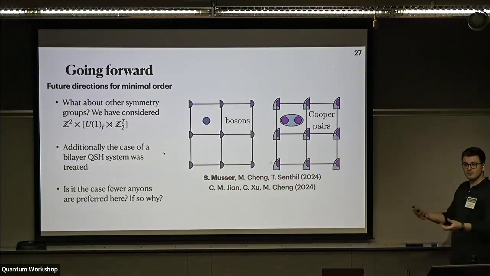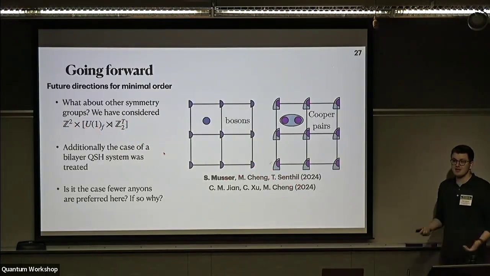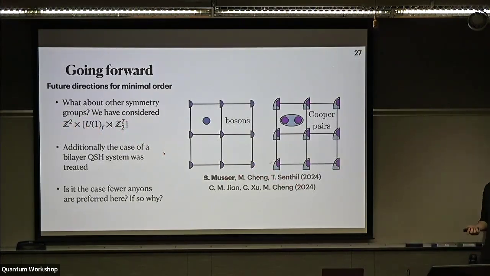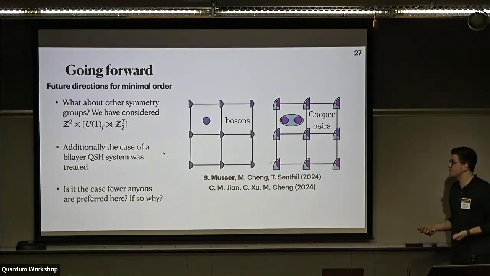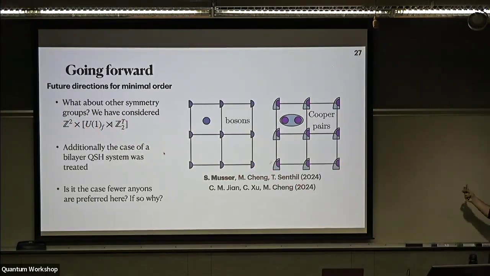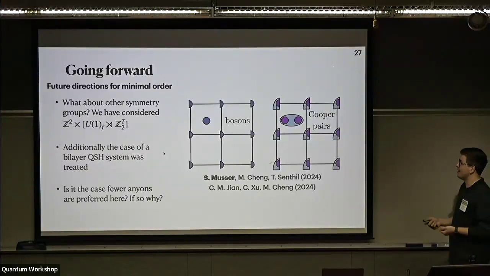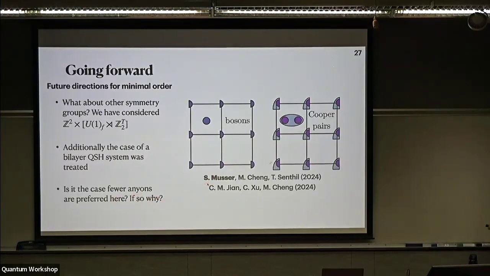This is appropriate symmetry, and you have an LSM theorem, which tells you if you're at fractional filling, you need topological order. So you can use some of the same proof devices to find minimal anyons, or a consistency machine type thing, where you start with a fractional response, some symmetry, and you work back to the consistent theories. So you could also ask if fewer anyons is preferred here, and if so, why?